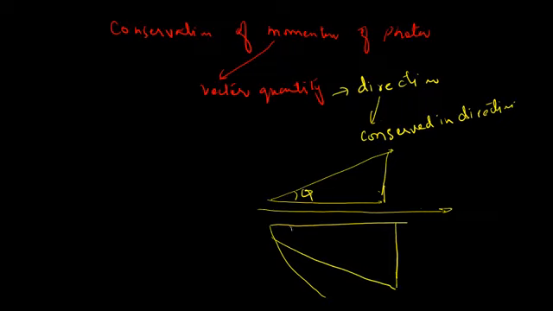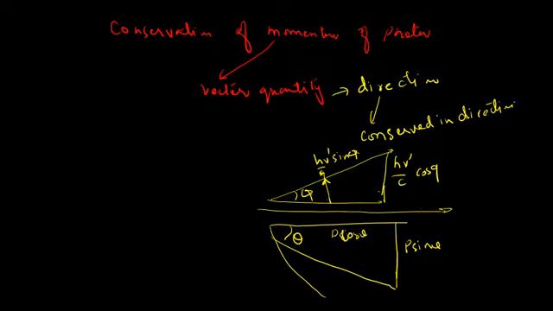So this is the angle theta, the electron has momentum p, so this one is p sine theta and this line is p cos theta. For the photon, this one is h mu prime by c cos of phi, and this line will be equal to h mu prime by c sine of phi.